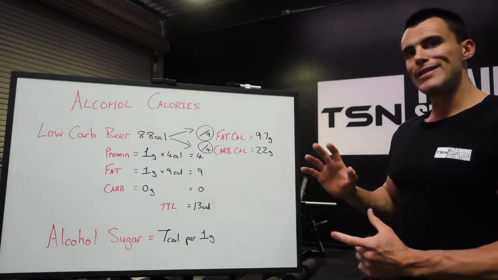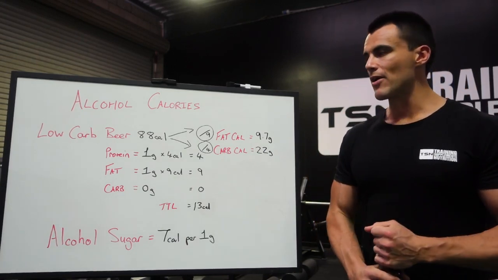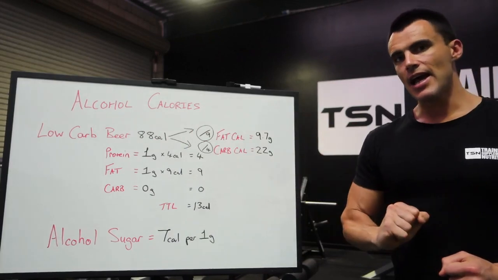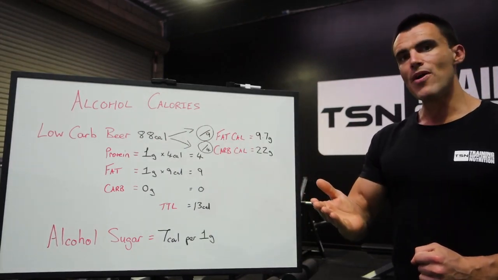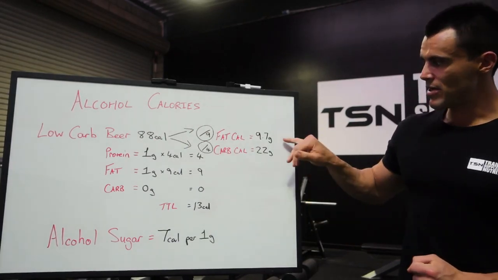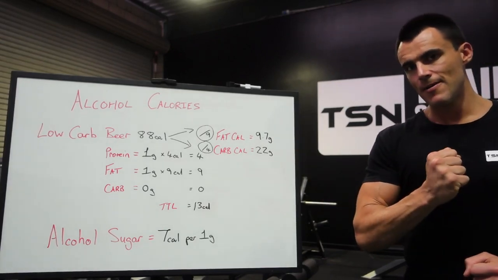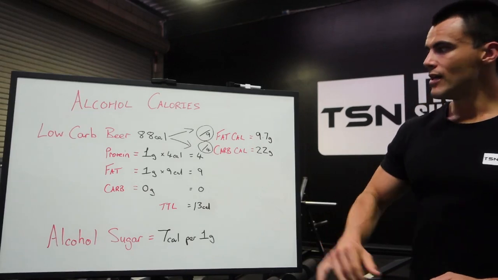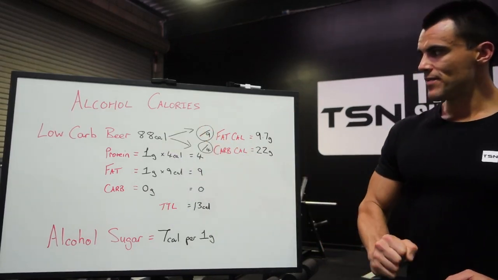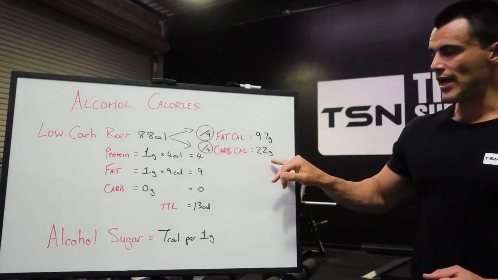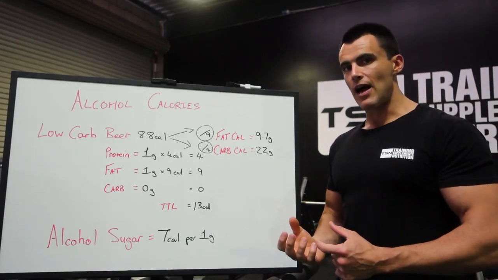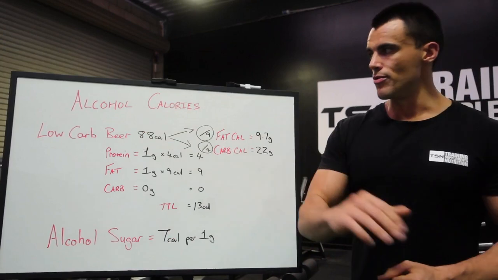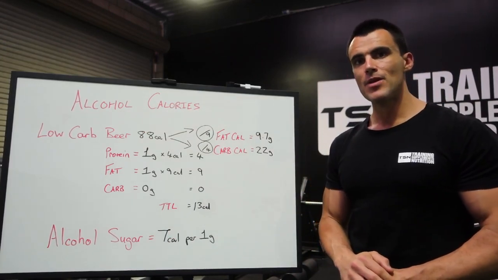So when we're trying to allocate this, when we are counting macros, is we either divide 88 calories by 9 to get how many grams of fat we must take from our daily macros to allocate for that beer, or divide 88 by 4, which will get us 22 grams of carbs, which we must allocate if we were to consume 1 low-carb beer.